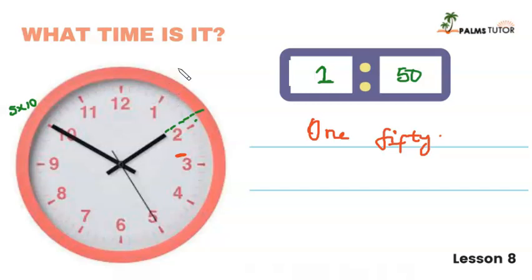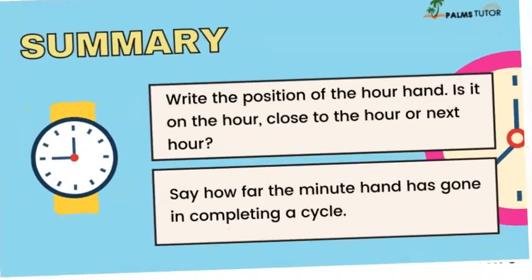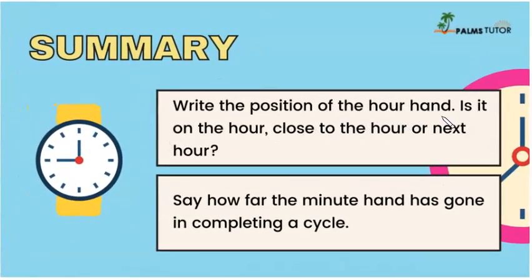So it has to be the previous hour because time moves forward, okay? So we write the position of the hour hand. Is it on the hour? Look out for that. Is it close to the hour or close to the next hour, right? Now, say how far the minute hand has gone in completing a cycle.